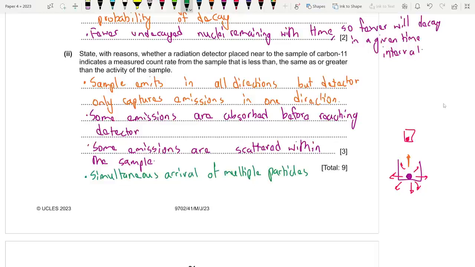Maybe 3 or more particles came to the detector at once, but the detector would only register it as one count. As a result, we would be getting a value that is less than the true value, right? It will be underestimated.